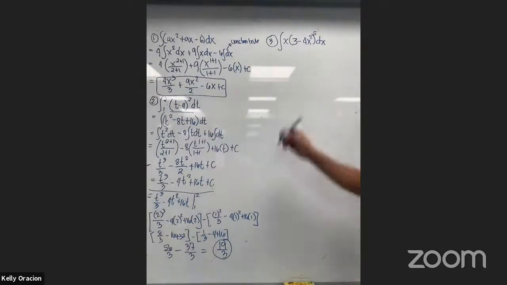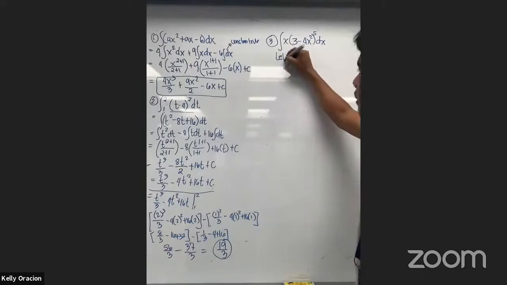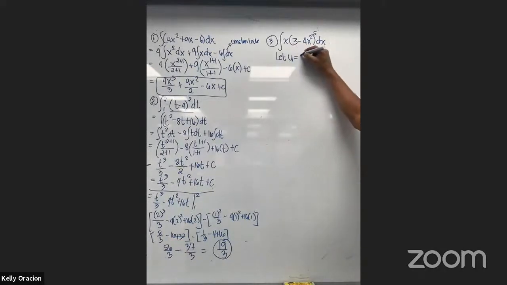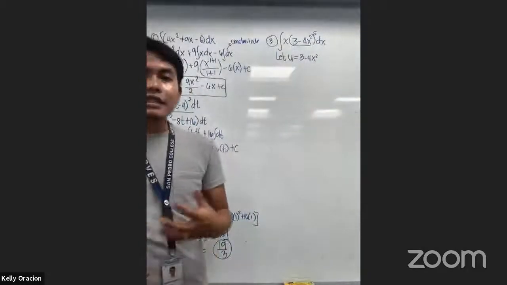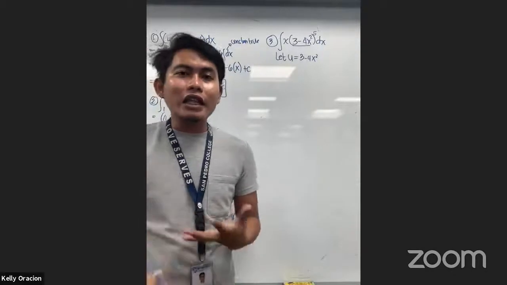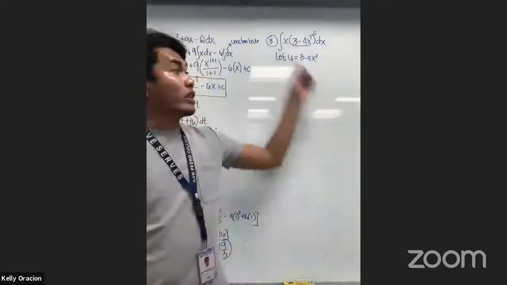So let's start. Let u be 3 minus 4x squared. So this is our u, the base. Okay? But class, let me tell you this, it is not all the time that u is the base.